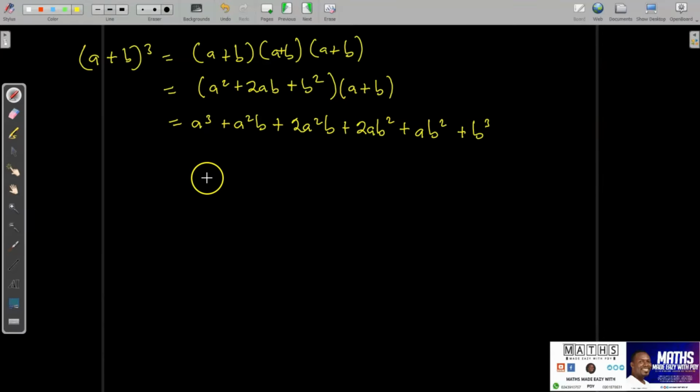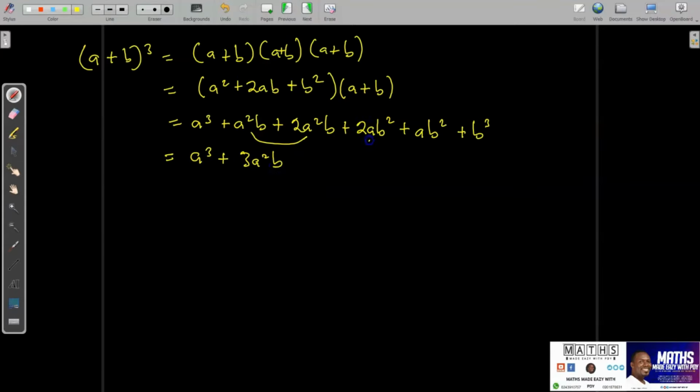And therefore, there are like terms in there. What are the like terms? I believe you can see that a cubed doesn't have any corresponding like term, but a squared b has a corresponding a squared b here, and this is 1a squared b. The other is 2a squared b. So what does it give us finally? These two will give us what? 3a squared b.